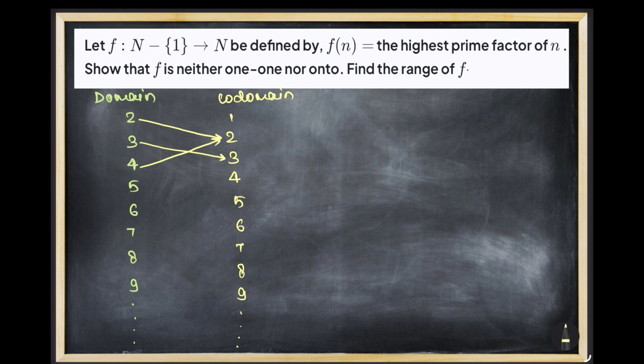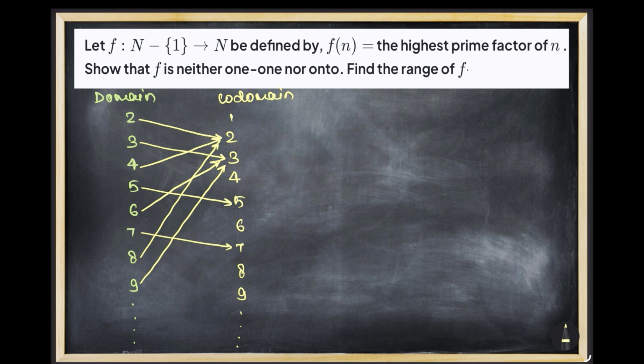Highest prime factor of 5 is what? 5. Highest prime factor of 6 is what? 2 and 3. But the largest is what? 3. 7 is 7. 8 is 2. 9 is 3. Correct? Now, so that f is neither one-one.